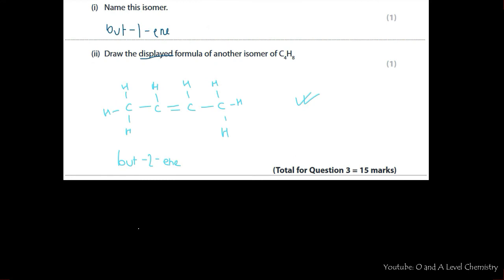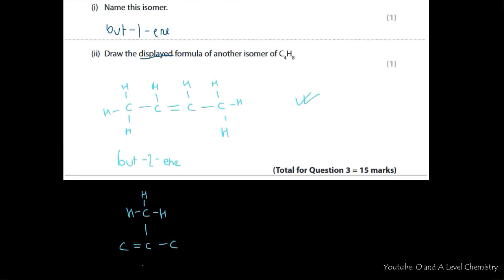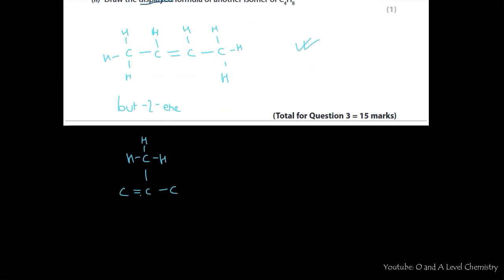So I can do another thing as well. What I can do is a branching. The way I can do a branching is I can have 3 carbons and I can branch out here. That's possible. So when I do this, I would have, this is a methyl group, and I can do a double bond here because this compound is unsaturated, so I need to have a double bond here.